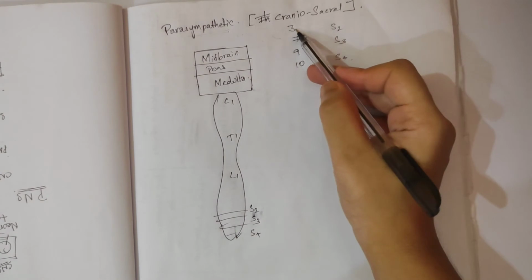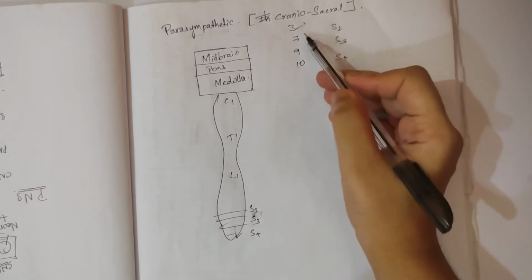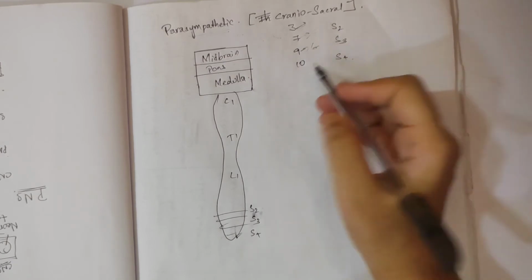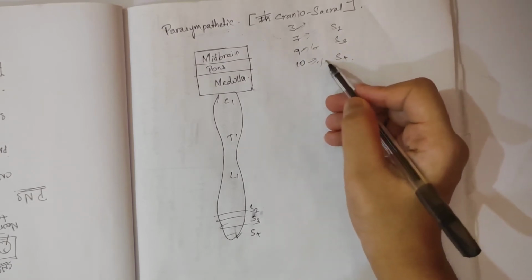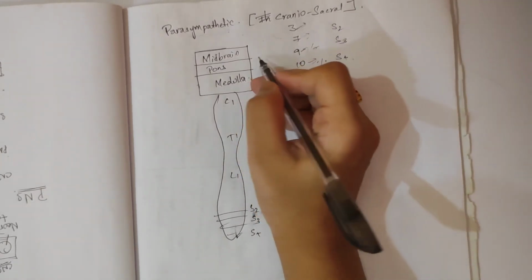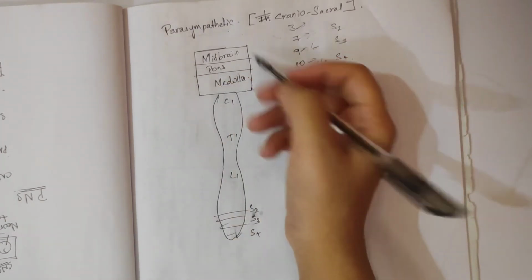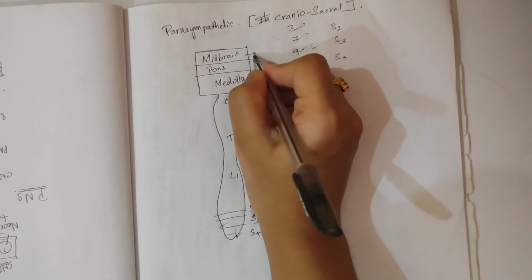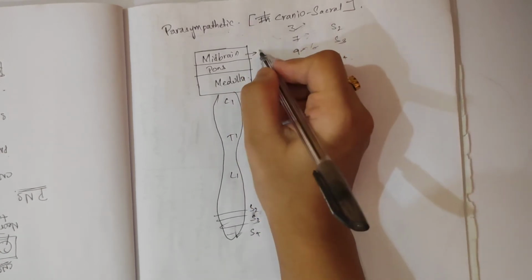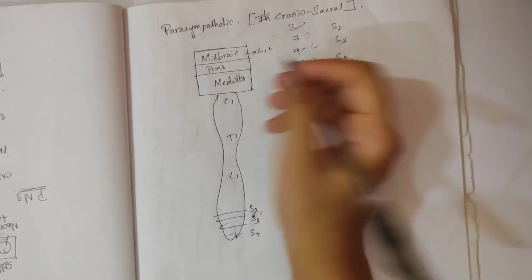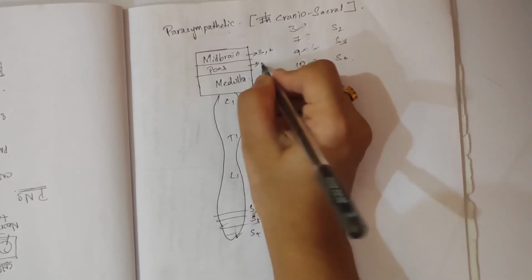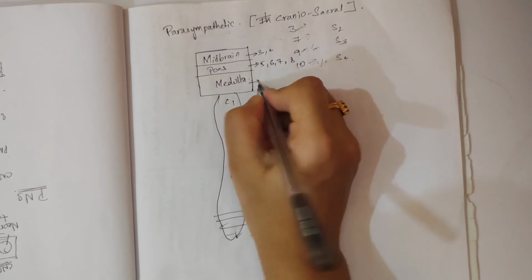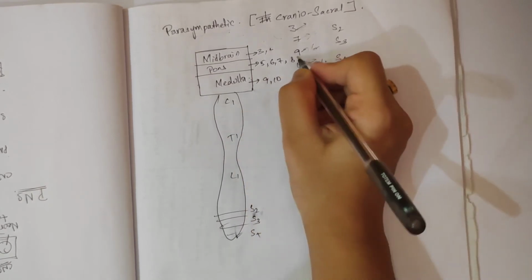So 3 is nothing but oculomotor, 7 is facial, 9 is glossopharyngeal, 10 is the famous vagus. I'm talking about the nerves which originate in these 3 places, that is the midbrain gives rise to 3 and 4, the pons gives rise to 5, 6, 7, 8 and the medulla 9 and 10.